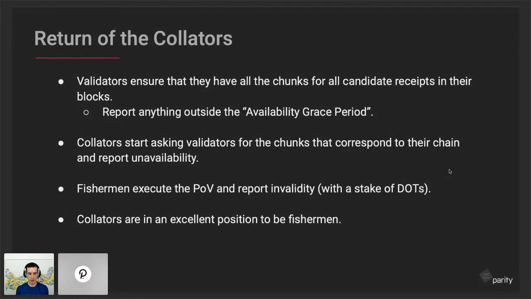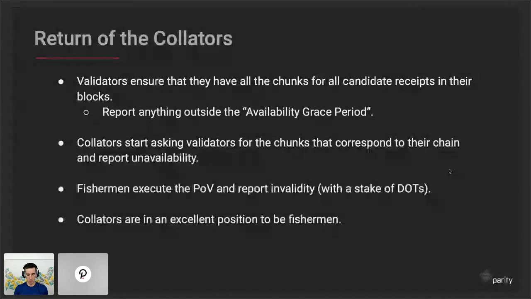When you go through a list of candidate receipts, you should always have an erasure coding chunk for each one of those. If you don't, you're going to raise a flag and tell everybody, hey, I got this block, I had a candidate receipt for Parachain 7, but I never got a chunk of the erasure coding for it. And if enough validators say that they never got their chunk, then we're just going to throw away that block, because it's not good.